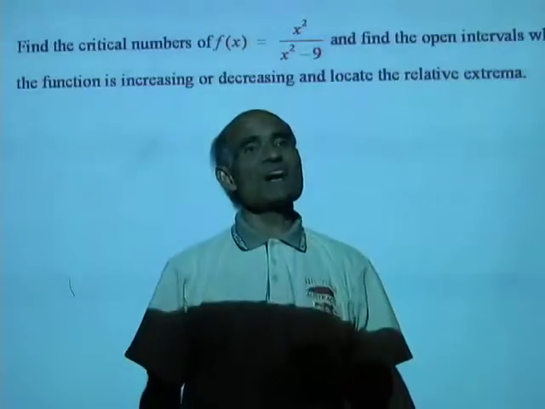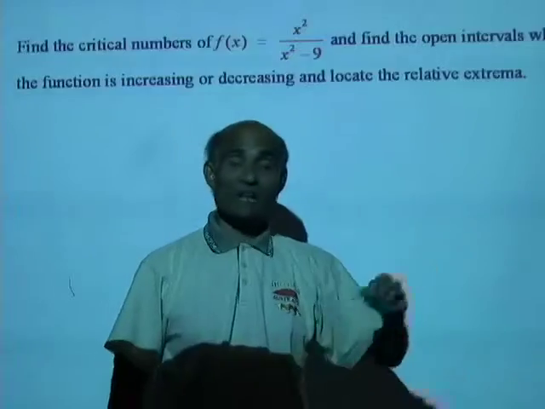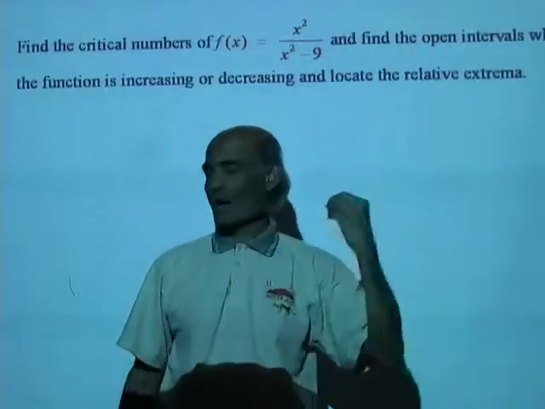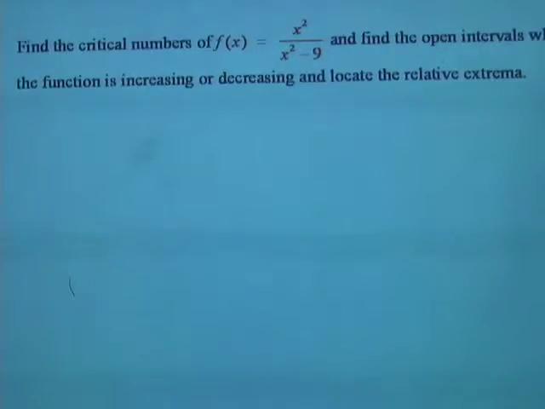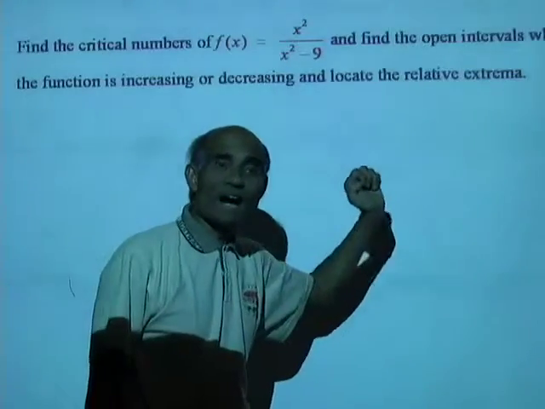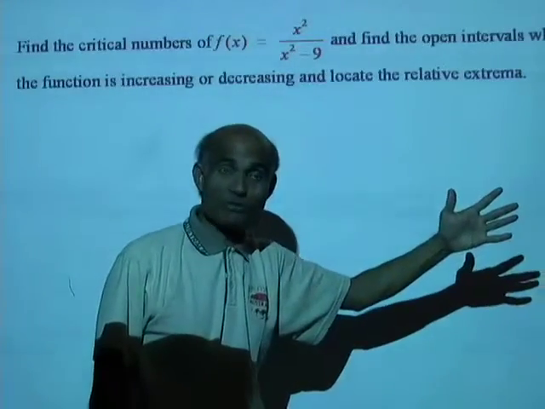Now, where do we start with this? Our starting point is to find the critical numbers. How do we find the critical numbers? We take the function, find its derivative, and set it equal to 0.